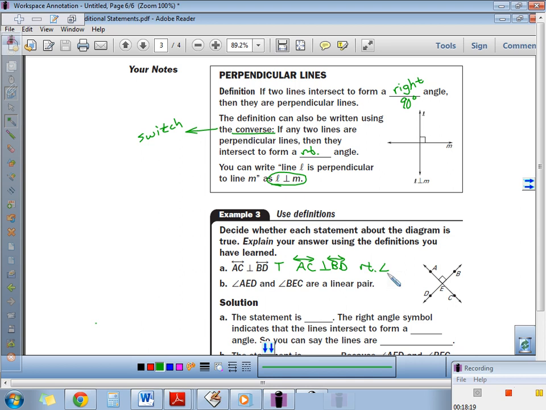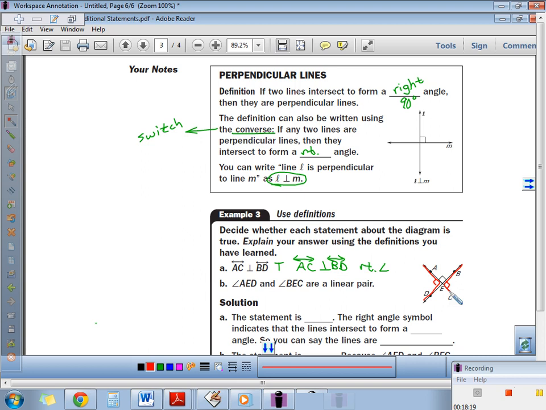The next one, please pay attention to it. It says some different stuff. Angle AED, and I'll highlight it, angle AED and angle BEC. So AED and BEC are a linear pair. True or false? Right.